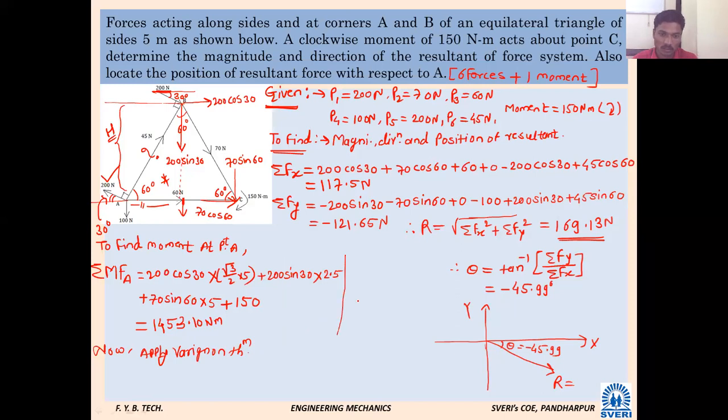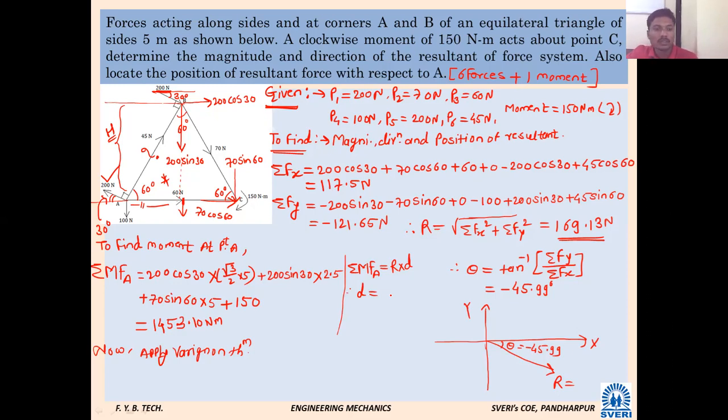What is the Varignon theorem? What does it say? The summation of moments due to all forces is equal to the moment due to the resultant. Summation of moment due to all forces at point A equals moment due to resultant, R times D. Therefore D is equal to, calculate.